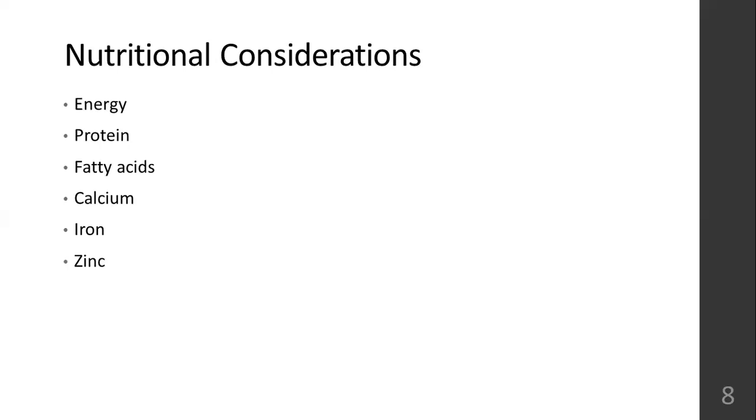Zinc, important for your immunity. Zinc gained a lot of attention, especially during the COVID-19 times, where its importance for immunity was focused upon. Then iodine. India also suffers from a spectrum of iodine deficiency disorders.